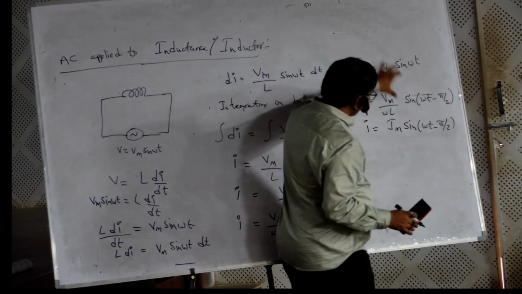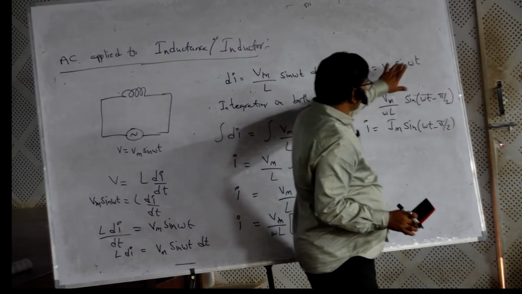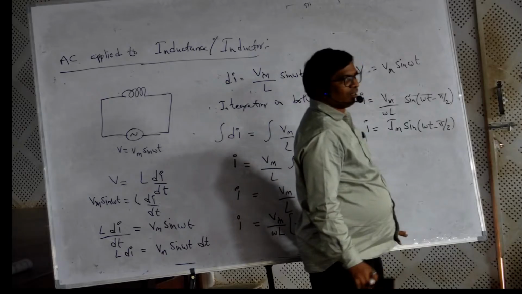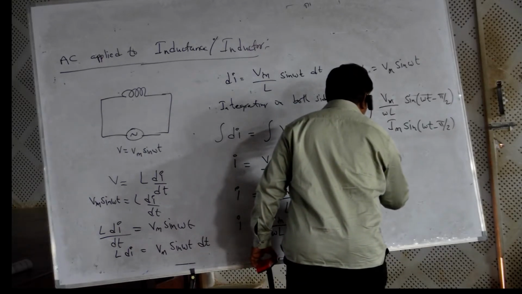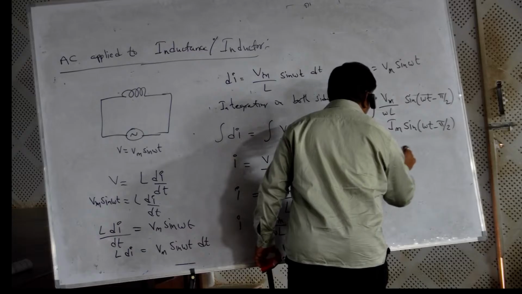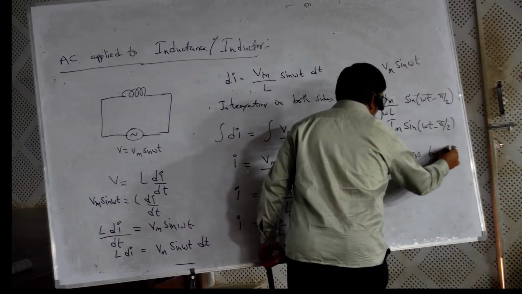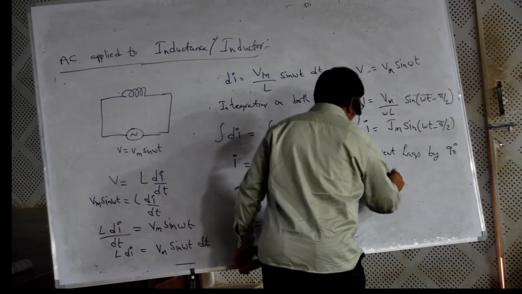By comparing both equations, what did you observe here? Vm, Im, sin(omega t minus 90). Okay, so it means current lags by 90 degrees to voltage.